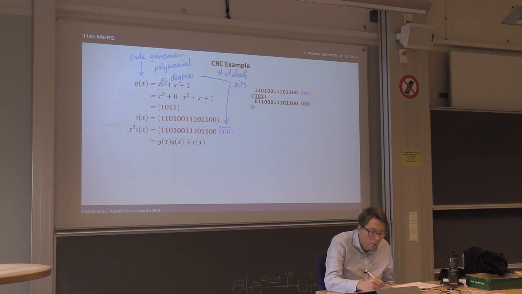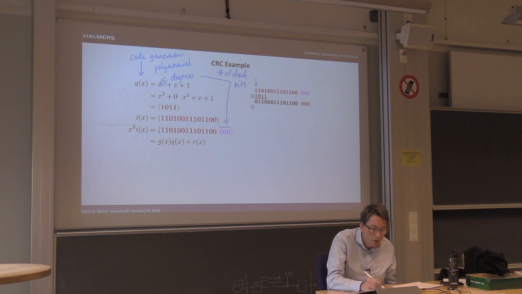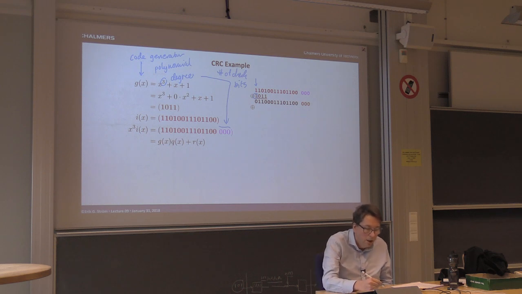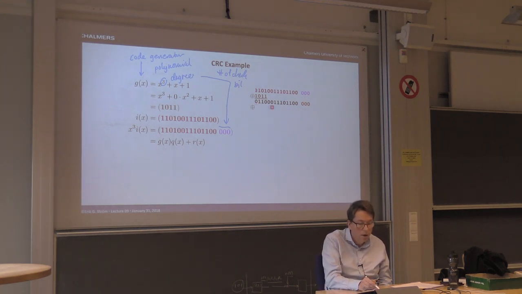So we see that the first one occurs here, and then we position G's first one just below it, and then we add them together, and then we see that 1 plus 1 is 0, 1 plus 0 is 1, 0 plus 1 is 1, 1 plus 1 is 0. Okay. And now we have a new bit pattern here, and we repeat the process.